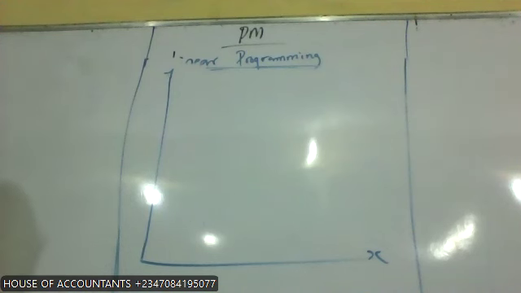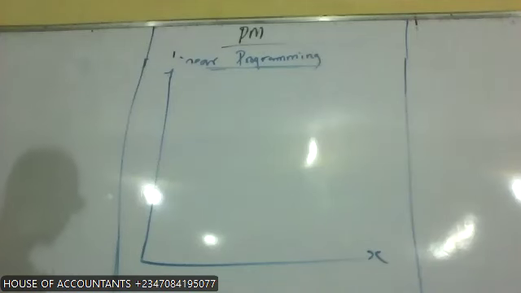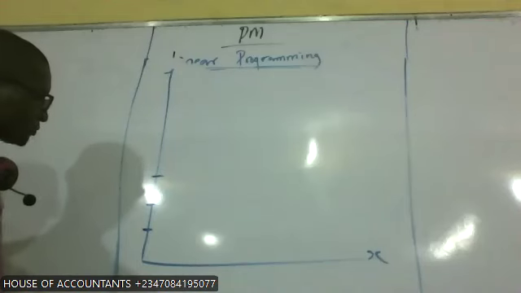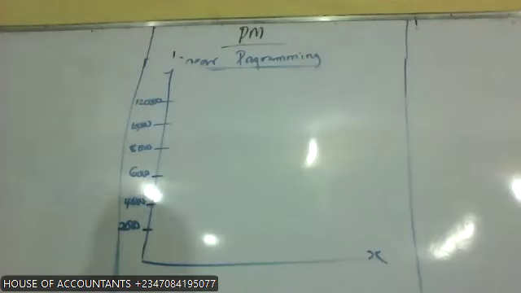Let's make the scale 1,000, or 2,000. 2,000 is considerable. Anyone is okay, it just depends on your rating. I think this one will make more sense.